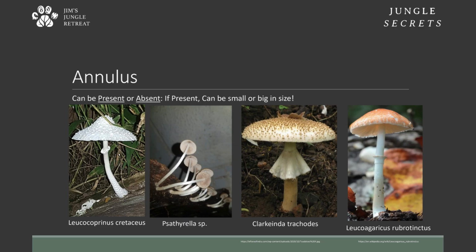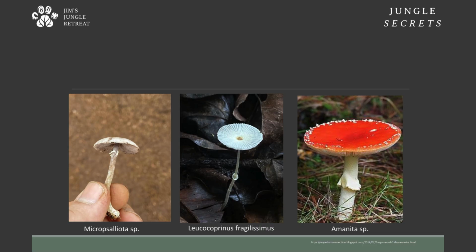And then Leucoagaricus over here has a different looking annulus. Macrolepiota has almost like a damaged annulus. Leucocoprinus fragilissimus has an annulus. Now I'll show you another picture. I showed you this Parasola over here. See, it doesn't have an annulus.